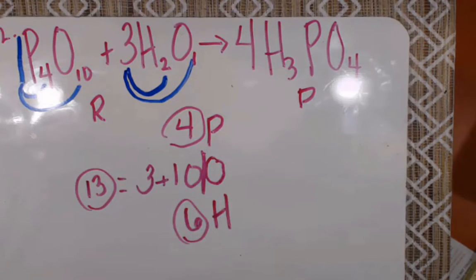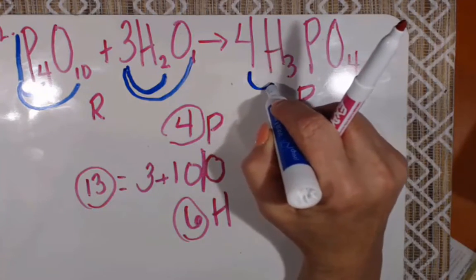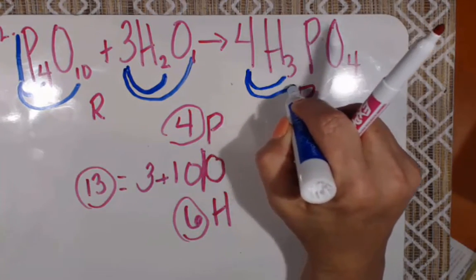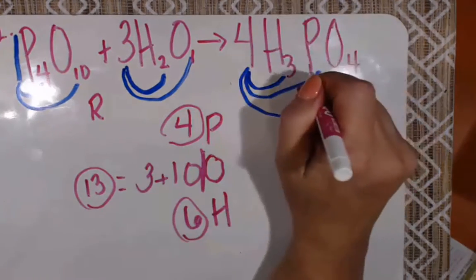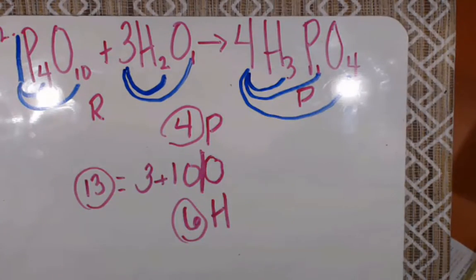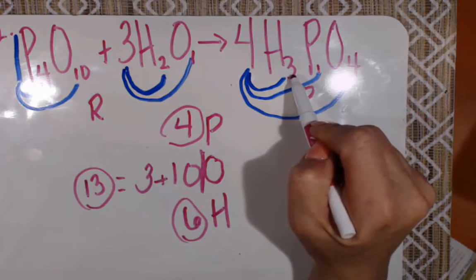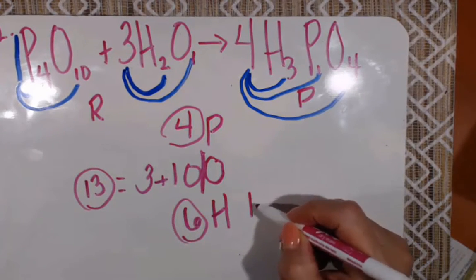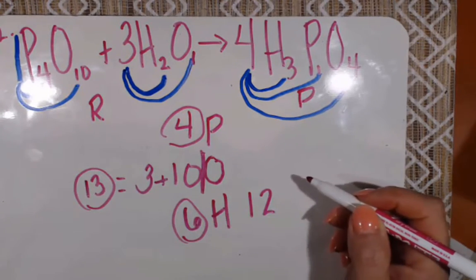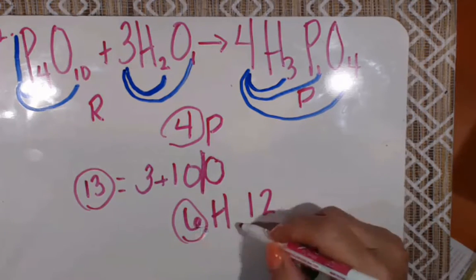Okay, let's look at our product side. We have to distribute the 4 to this entire compound. So let's do that. And phosphorus has an understood 1. So we take 4 times 3, and that gives us 12 H's. So we can already tell it does not obey the law of conservation of mass because you don't have the same number of H's.